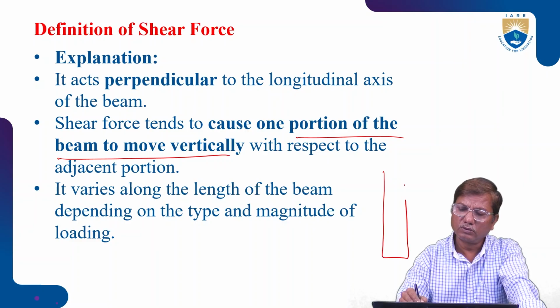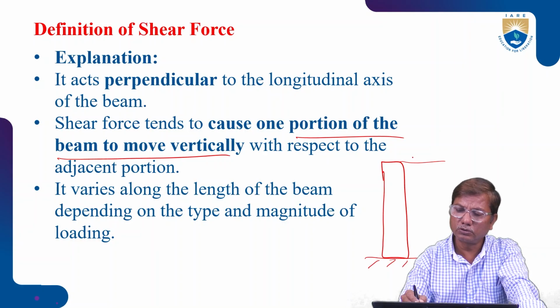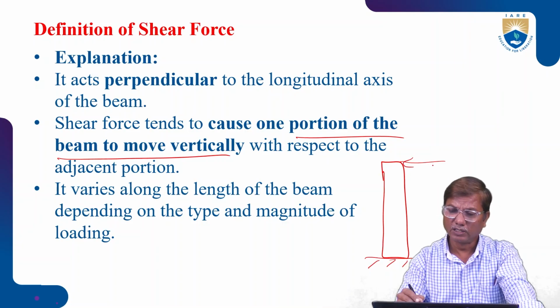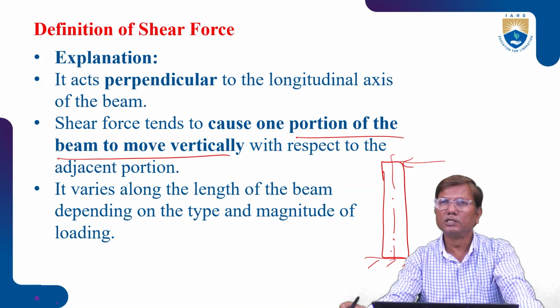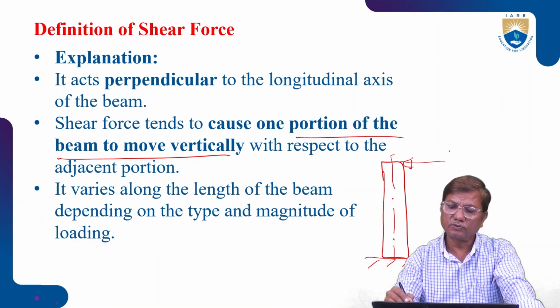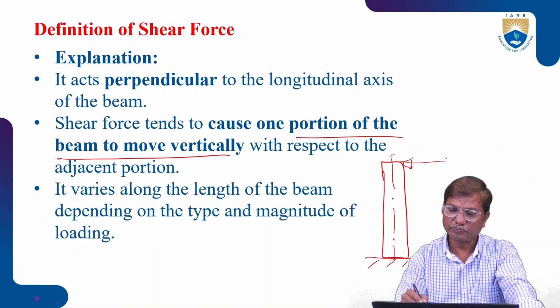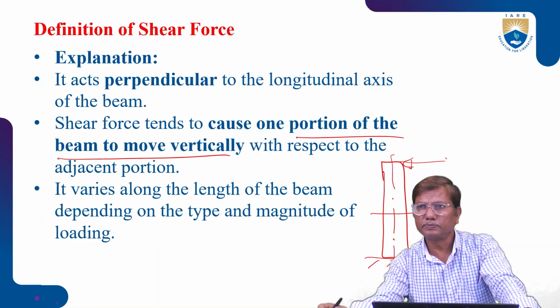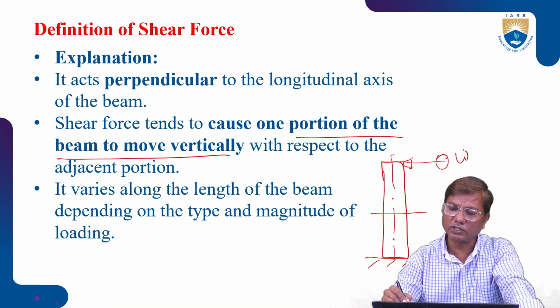You will have shear force in vertical members also due to horizontal forces, because here the axis is vertical in case of columns. Because of these horizontal forces, we will have shear. And these horizontal forces are mainly due to wind or earthquake.